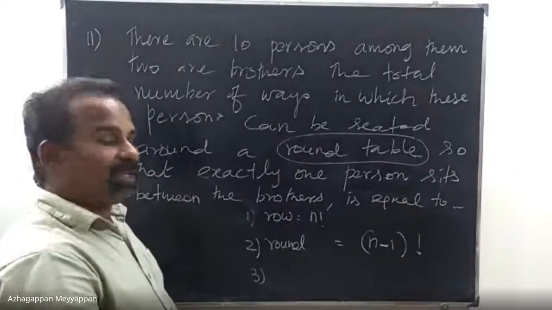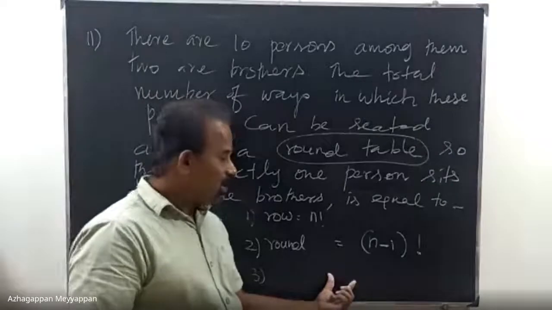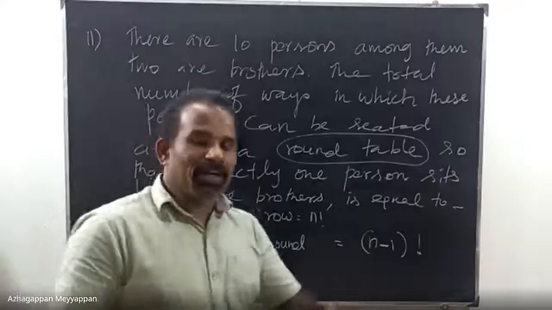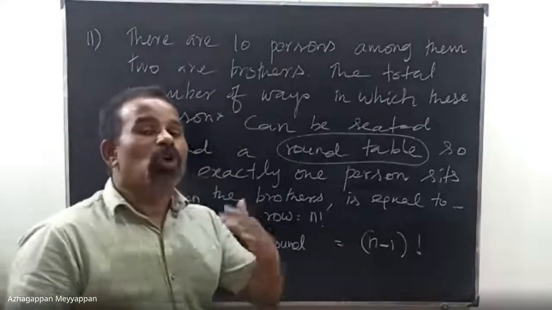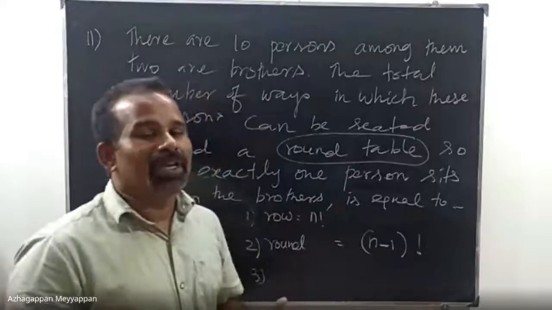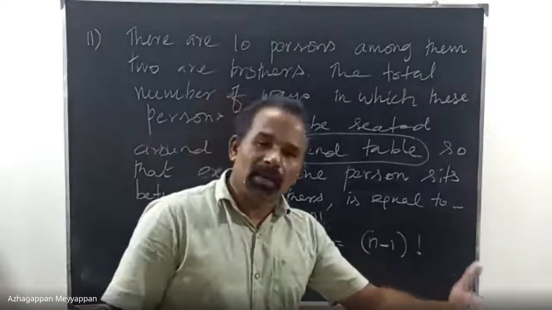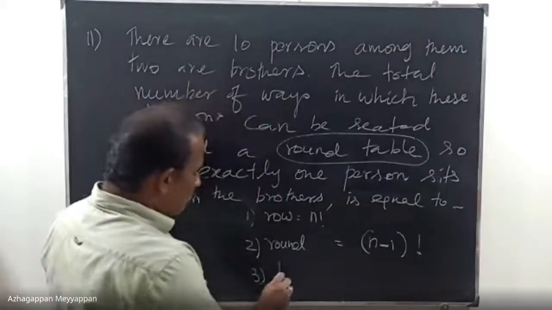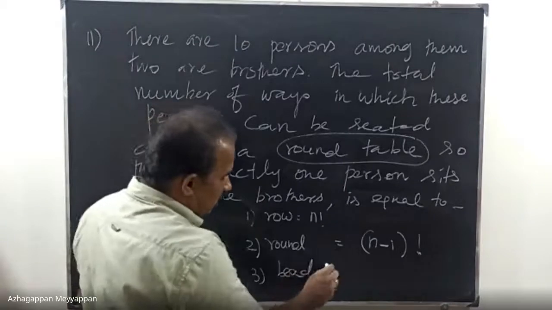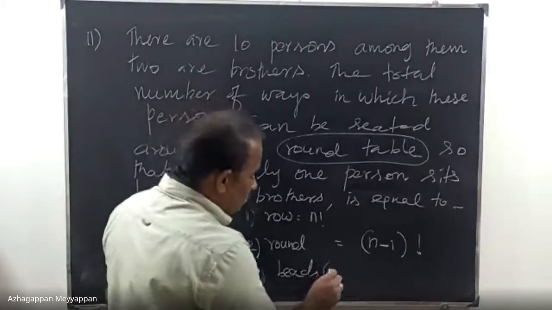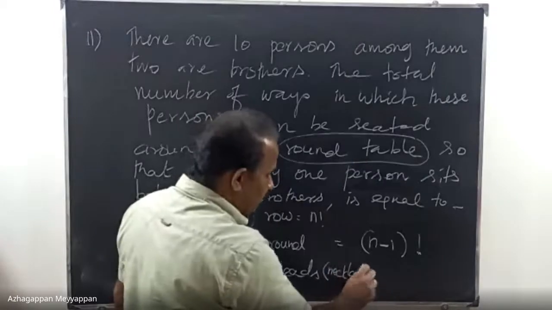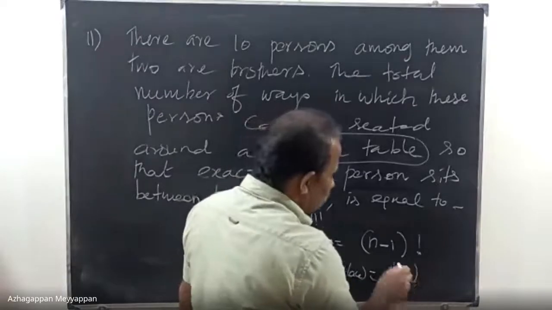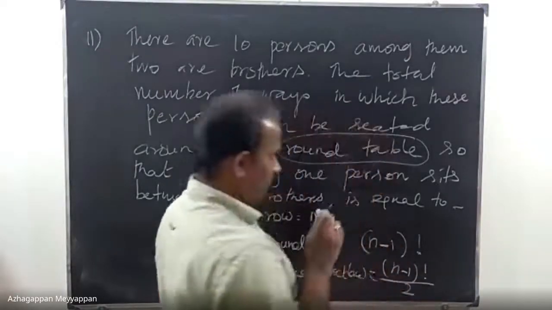Third thing is suppose we have n beads with different colors. The question is how many necklaces can be made from these n beads in different colors. We are going to make a necklace using these different colors of beads. That is nothing but n minus 1 factorial divided by 2.